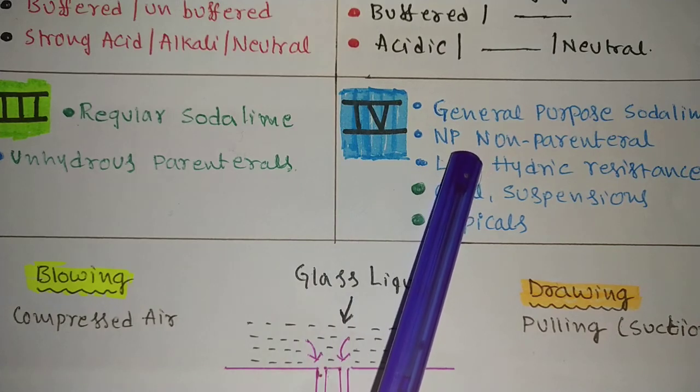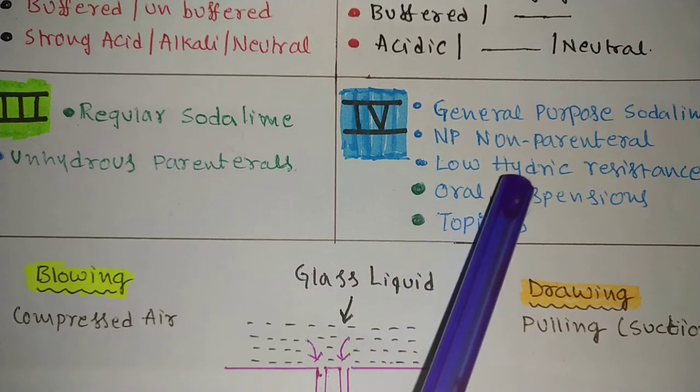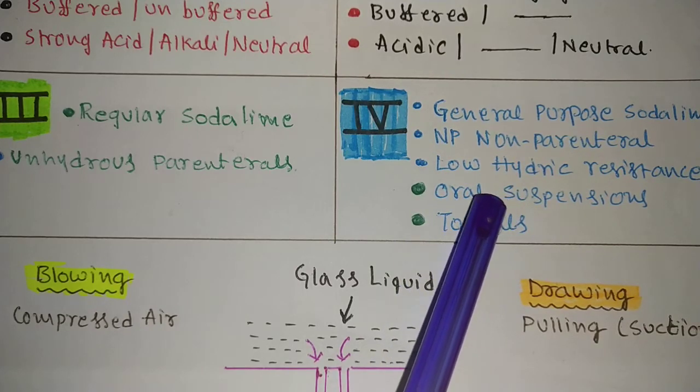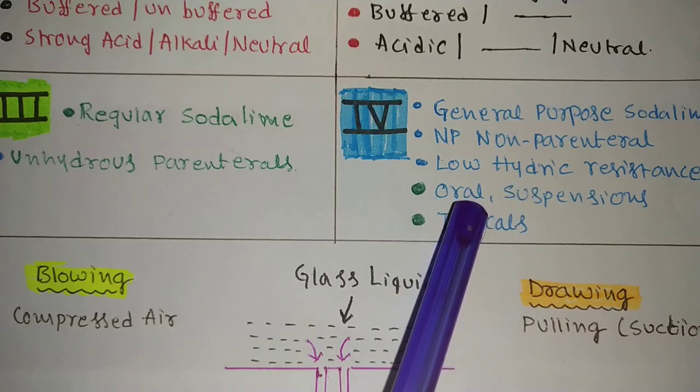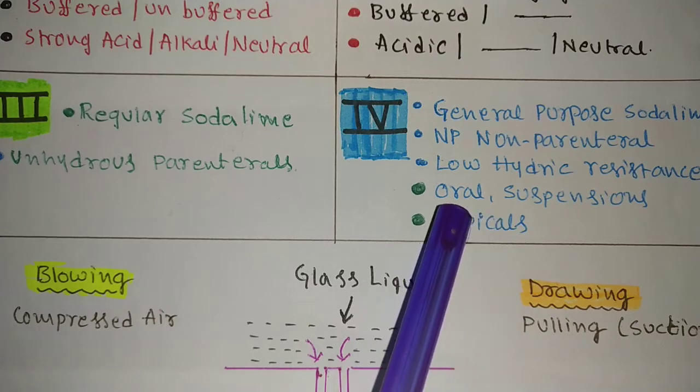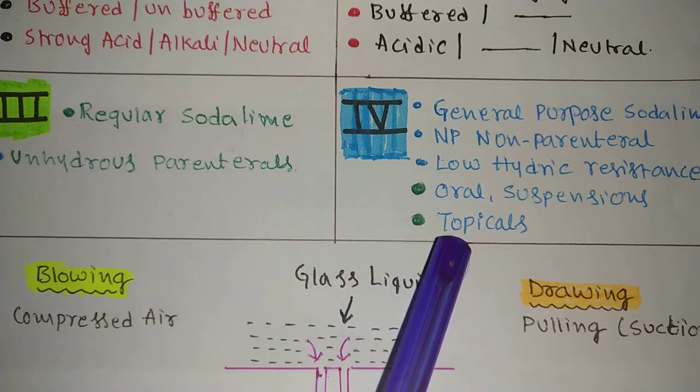This is only for other things like oral route, suspensions, tablets, capsules. Nowadays in a medical shop you can find a big jar consisting of tablets or capsules. For those types of preservation we can use this type of glass, and also to store creams and ointments.